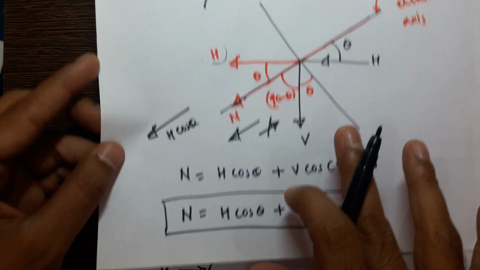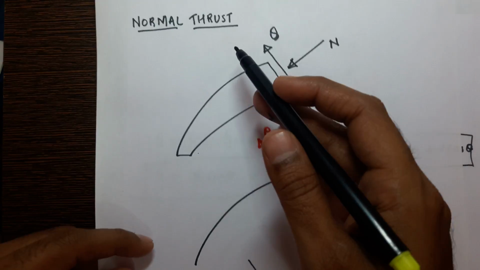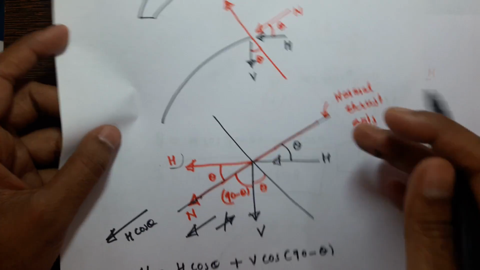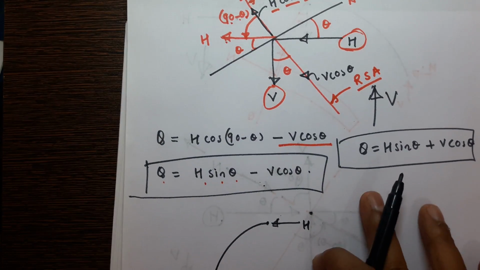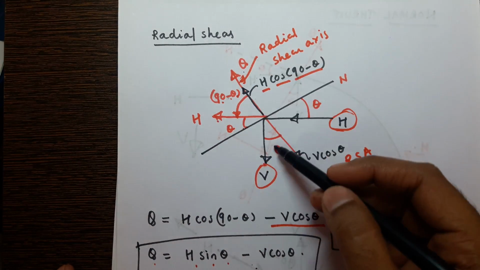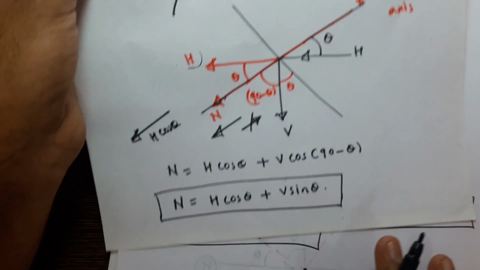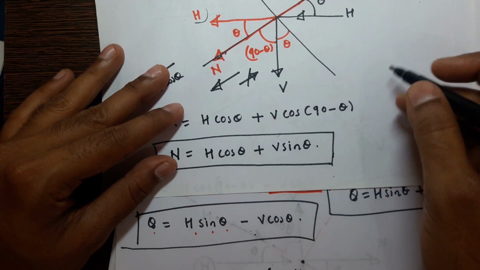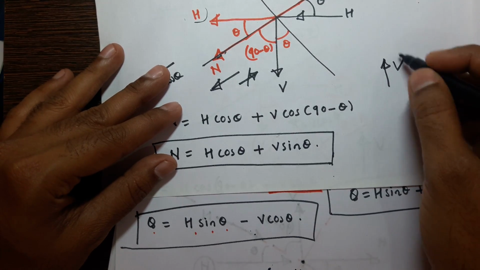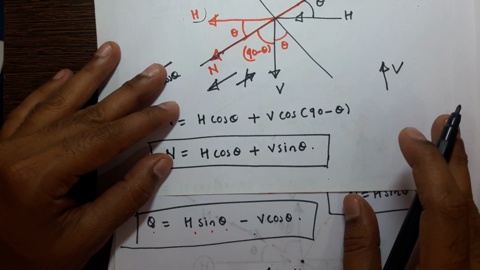We have derived the formula of normal thrust and radial shear by taking V downward. Sometimes it is possible that you may get V, the vertical shear, upward.